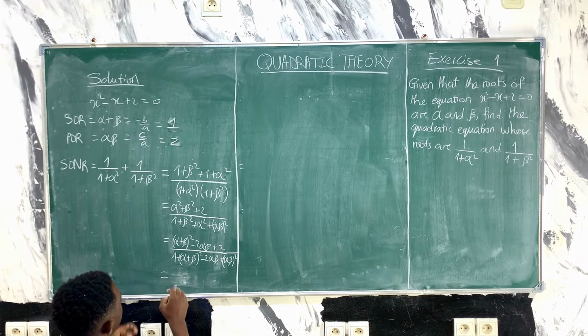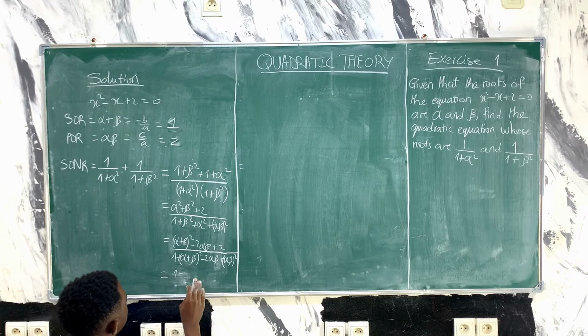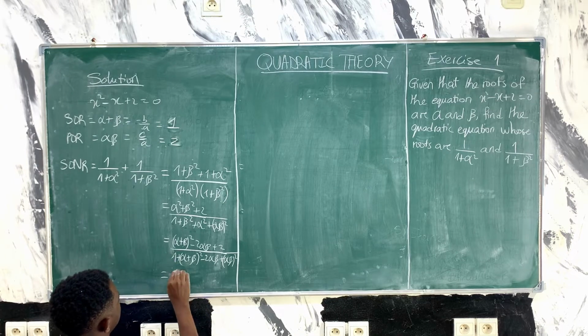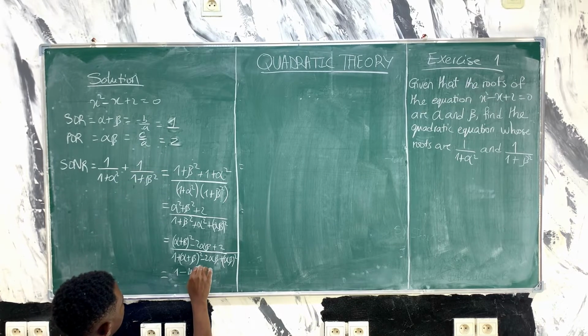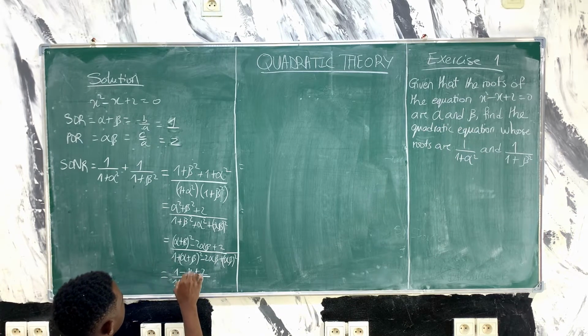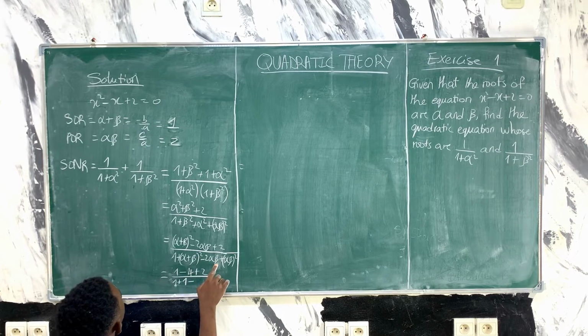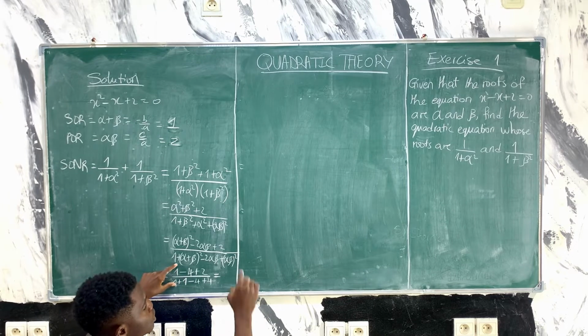So that is going to be equal to what? Alpha plus beta is 1. 1 squared is 1, minus 2 alpha beta: 2 times 2 is 4, plus 2, all on 1 plus 1 minus 2 alpha beta, 2 times 2 is 4, plus alpha beta all squared, 2 squared is 4.